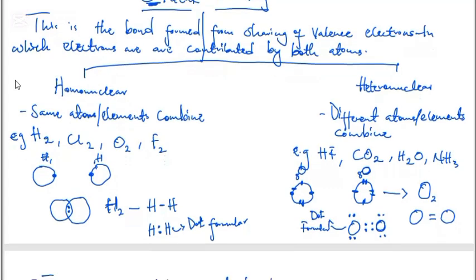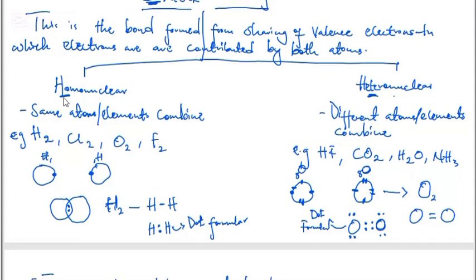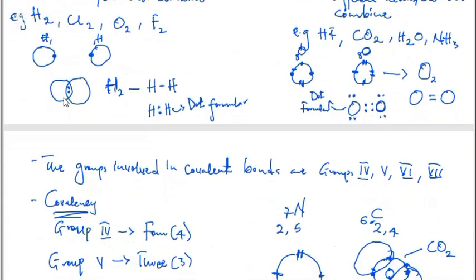Then we said for a covalent bond, you have your homonuclear and heteronuclear. Homo means same, while hetero means different. So homonuclear, same atoms or same elements, while in heteronuclear, different atoms are involved. Example of homonuclear, we have your hydrogen gas, chlorine gas, oxygen gas, fluorine gas. And for your hetero, we have hydrogen fluoride, we have your CO2, your H2O, your ammonia.